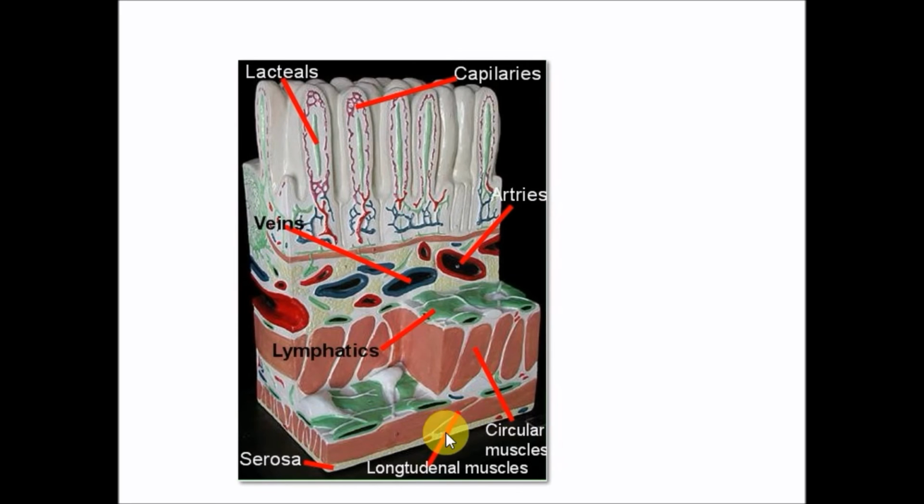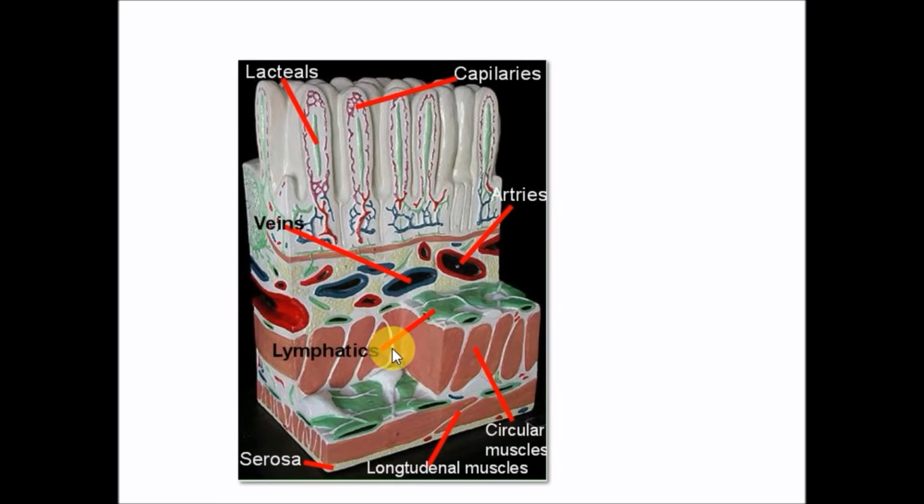The muscle layer that's closer to the serosa will be the longitudinal. The inner muscle that is closer to the submucosa will be the circular muscles. This is your only way to recognize them, not how they look, because you're looking at a cut section which doesn't tell you much. So don't count on that. Count on circular is internal, longitudinal is always external.